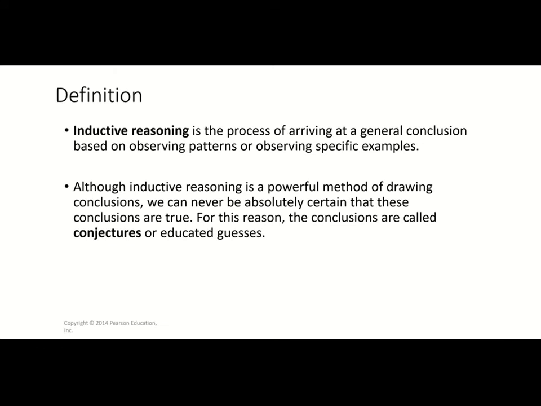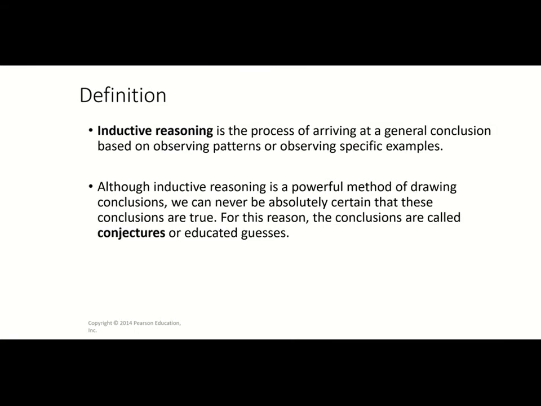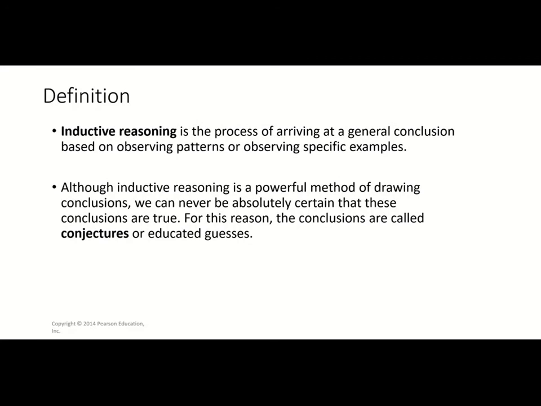All right, now one thing that we used when we were finding the next number in our pattern is something called inductive reasoning. Inductive reasoning is the process of arriving at a general conclusion based on observing patterns or specific examples. A lot of the time, I think of inductive reasoning as little kid philosophy, and I'll talk about that in a second.